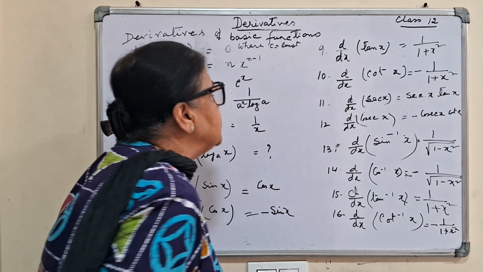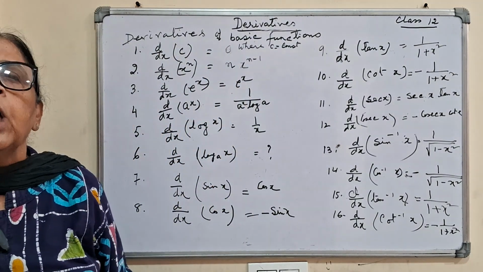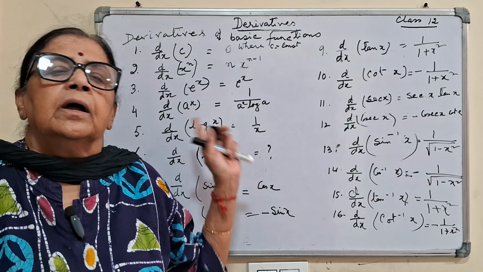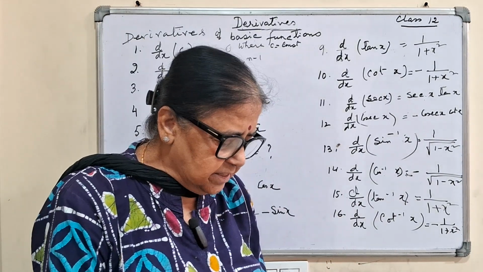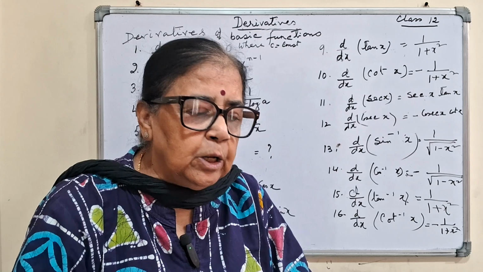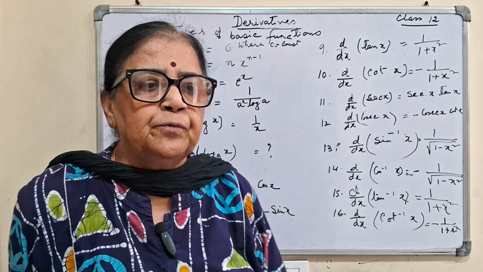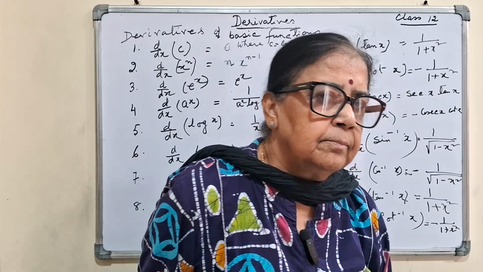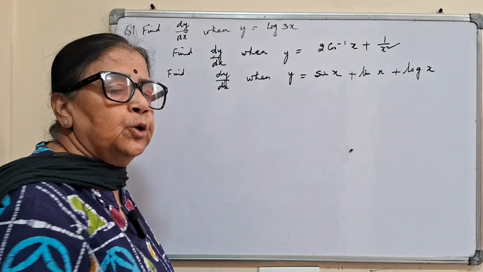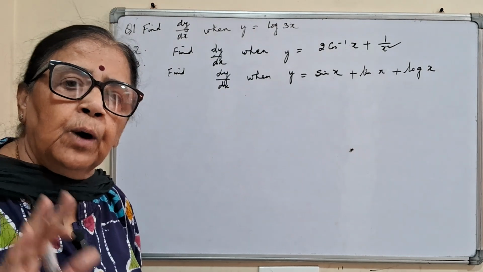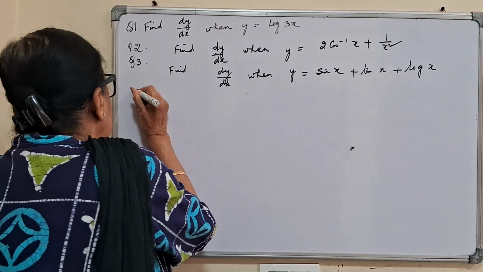So these are the derivatives of basic functions we will be using when we do the sums. Now I'll explain how to find the derivative of a product of two functions. There are three sums given to you, and I'll be doing them one by one, so just try to understand.